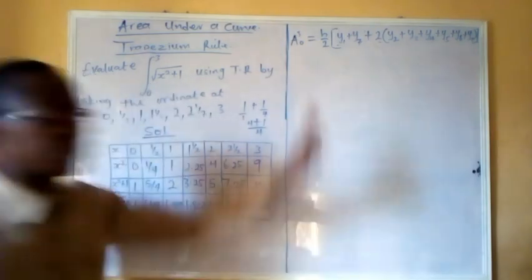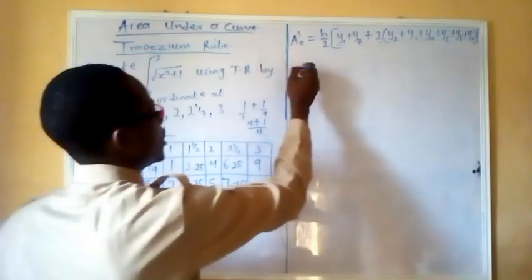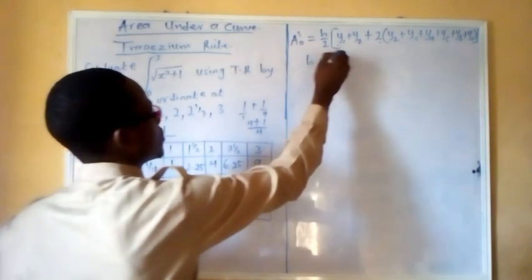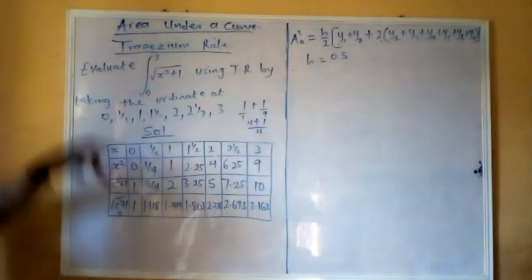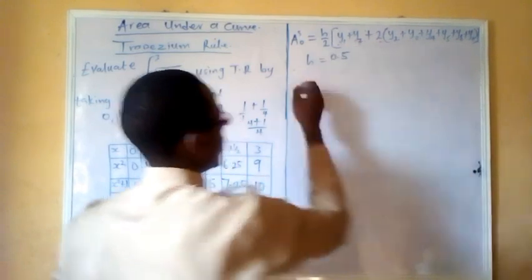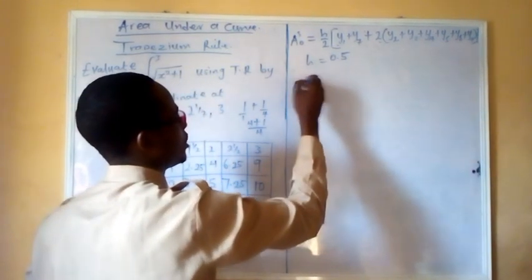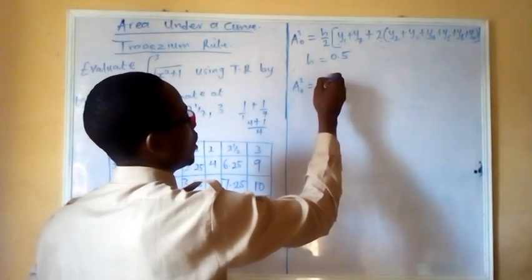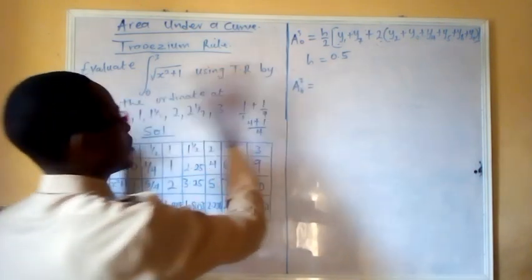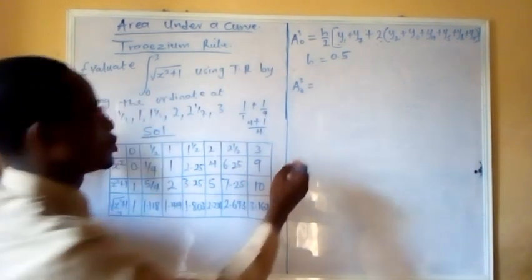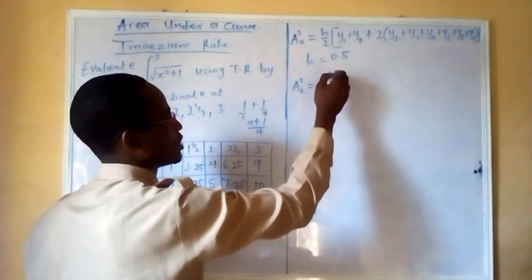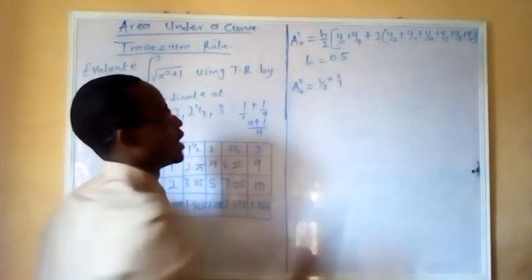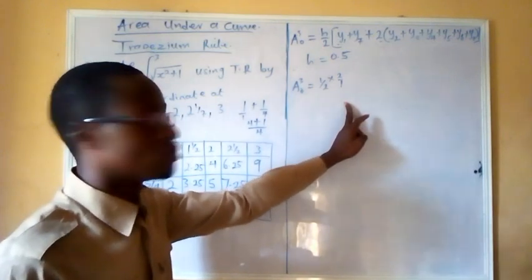So let's solve it out. Note that h equals 0.5, which is half, the interval, that's the height. So the area from 0 to 3 becomes 1 over 2 times 2 over 1, and that gives us 1.